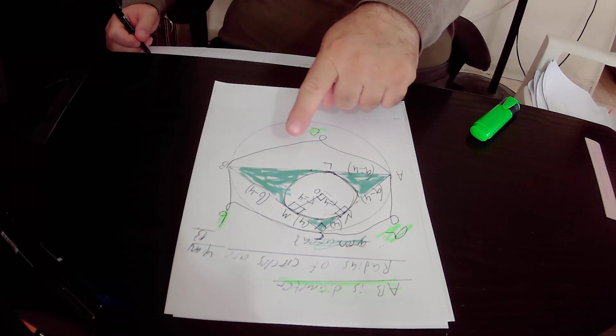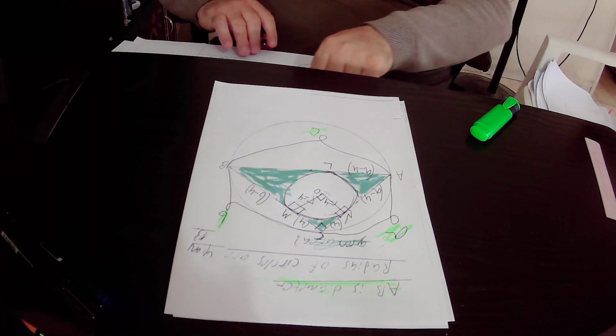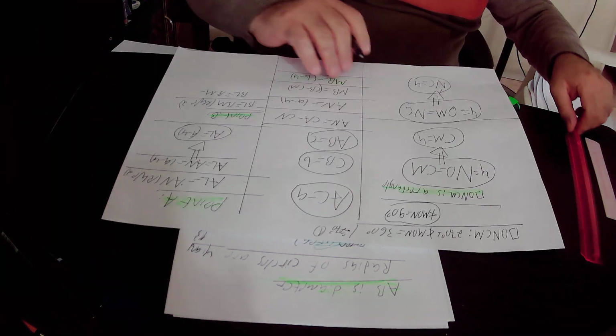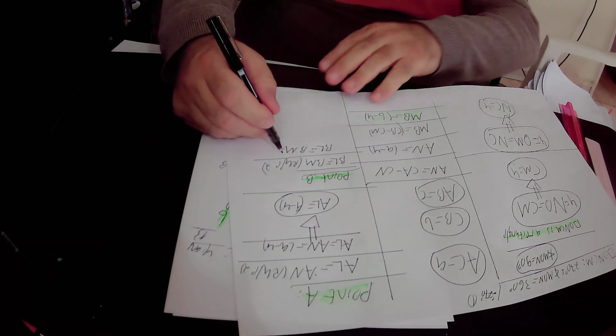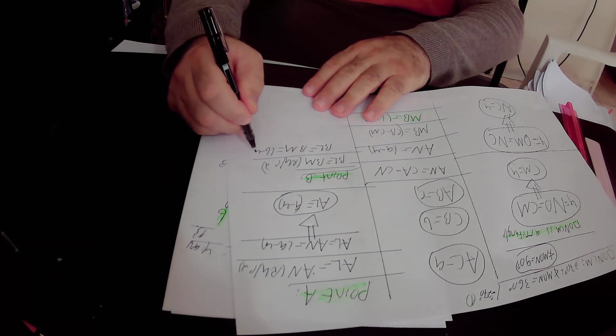But we already found out that BM equals B minus 4. So we can write here that BM equals B minus 4.